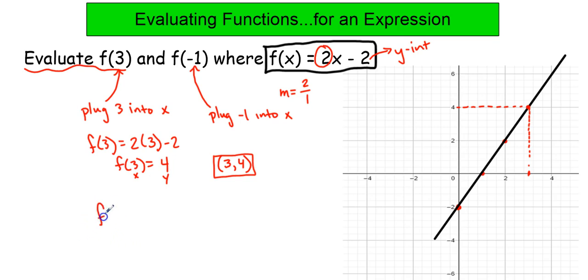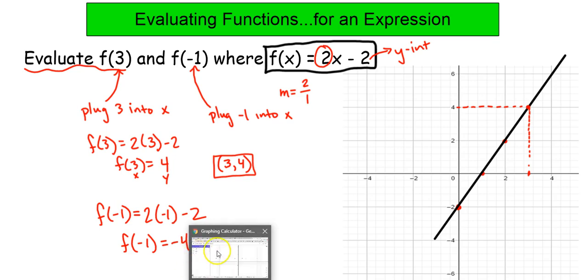This is going to be one of the points on the line. Okay, similarly, I'm going to find f of -1. And again, all this means is wherever I see an x, I'm going to plug in a -1. So I get 2 times -1 minus 2. So I know that f of -1 is equal to -4. So again, we're going to come over here, but remember this was the thing that I put in for my x, and what this function spits out is my output, that's just my y.